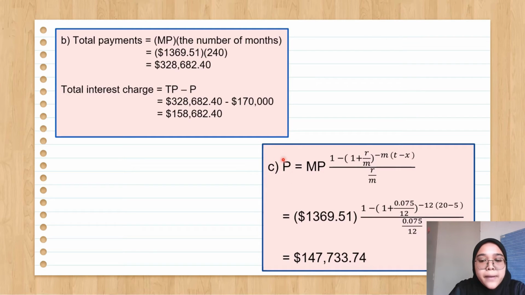For the principal remaining, we use this formula: monthly payment $1,369.51 multiplied by 1 minus 1 plus 0.075 over 12, to the power of negative 12 multiplied by 20 minus 5, over 0.075 over 12, and we get the principal remaining, or loan balance, of $147,733.74.